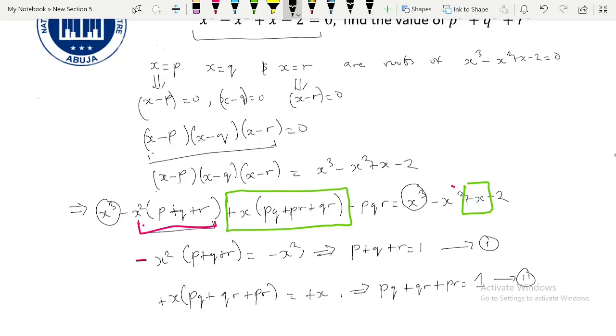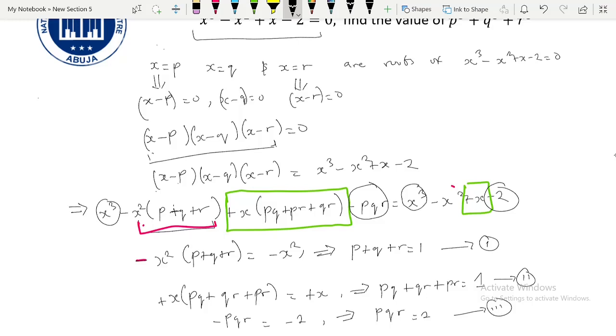Then the last term is minus pqr, and on this side it's minus 2. So minus pqr equals minus 2, which means pqr equals 2.